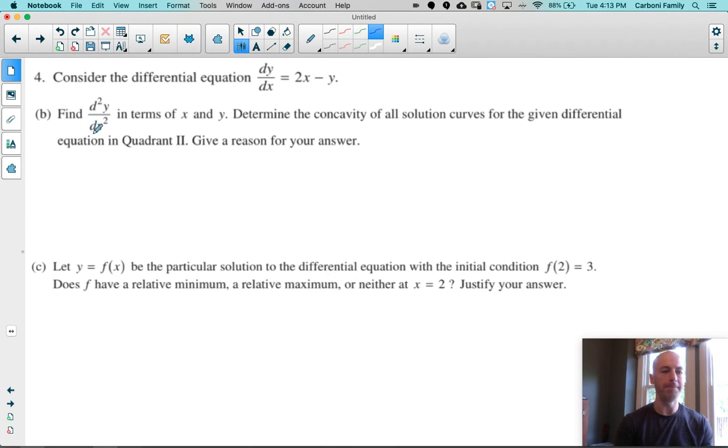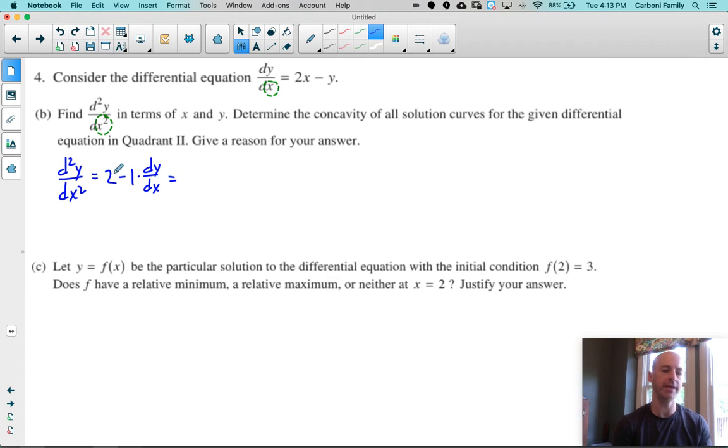Now moving on to part B, they ask you to find the second derivative in terms of x and y. And remember that when you do this, the derivative is with respect to x. So anything that is not an x must be given the implicit treatment. So the derivative of 2x is 2. The derivative of negative y would be negative 1, but you then have to multiply by dy dx.